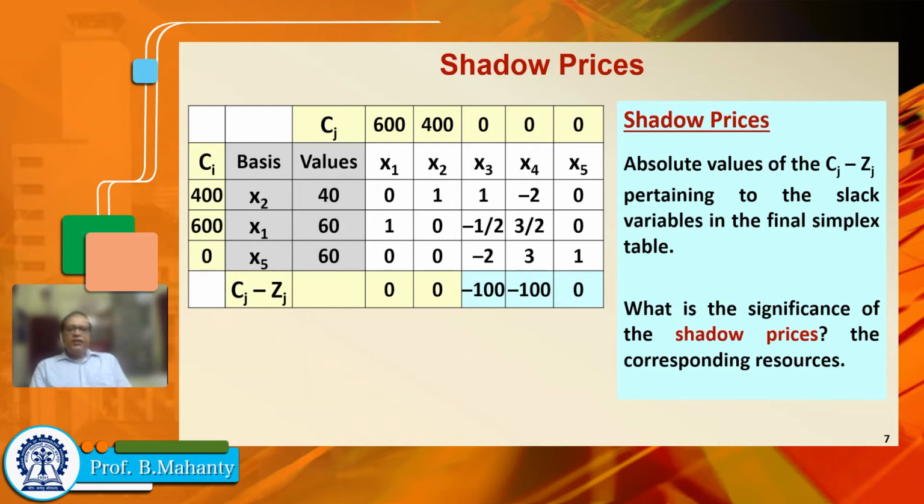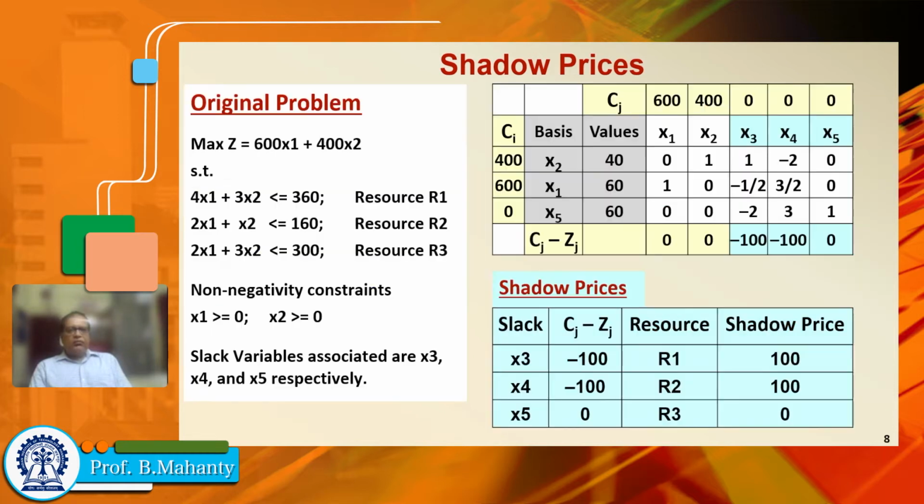Now what is the significance of the shadow prices with regard to the corresponding resources? So what are they? That is the question that we ask, and that we have to look at. So you see here, these are the shadow prices that have been shown. This is the final table.